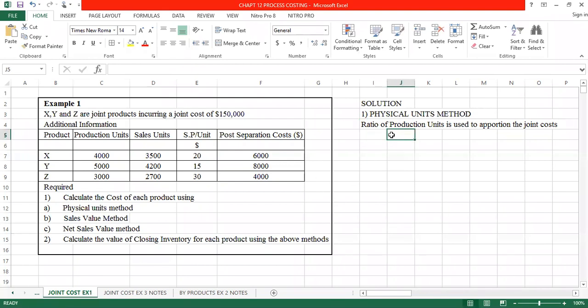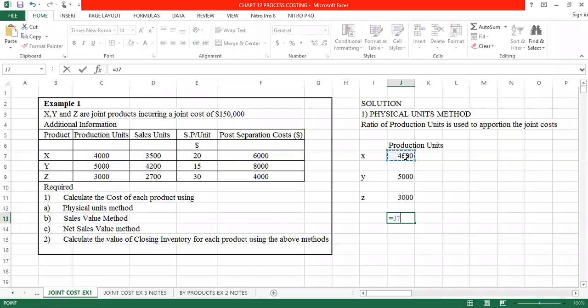Let's look at what our production units are: production units for product X, product Y, and product Z. Production units is 4,000 for X, 5,000 for Y, and 3,000 for Z. So what is the total to get the ratio?